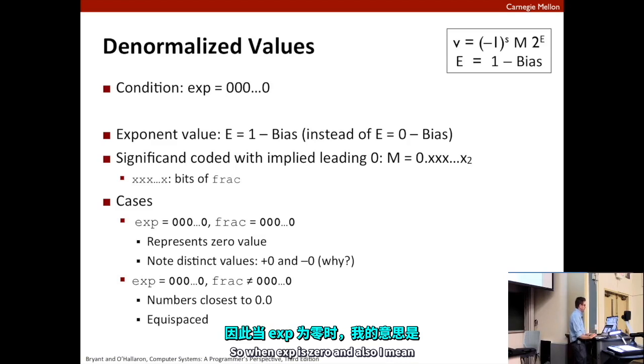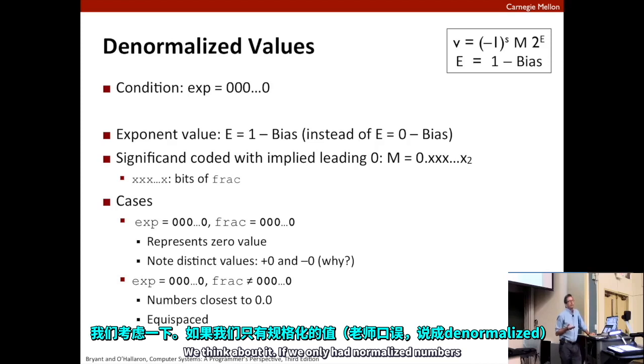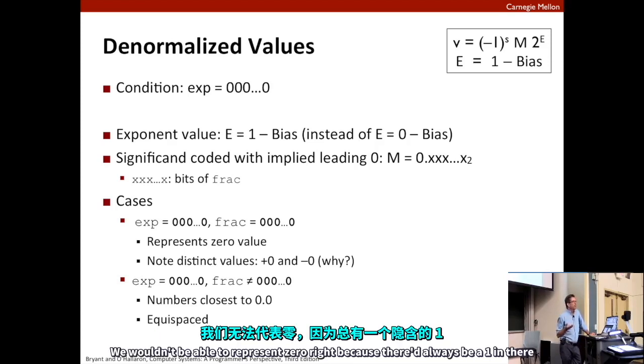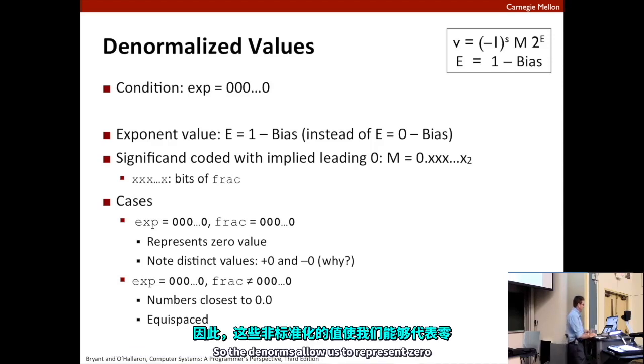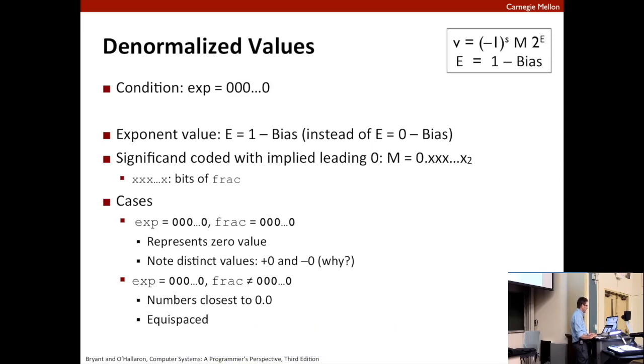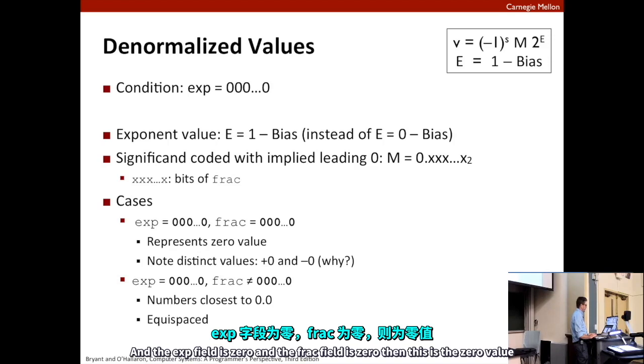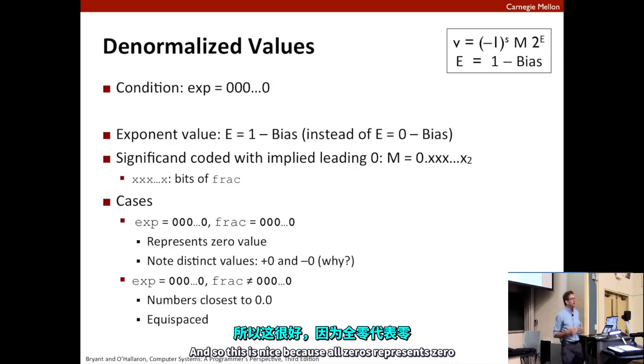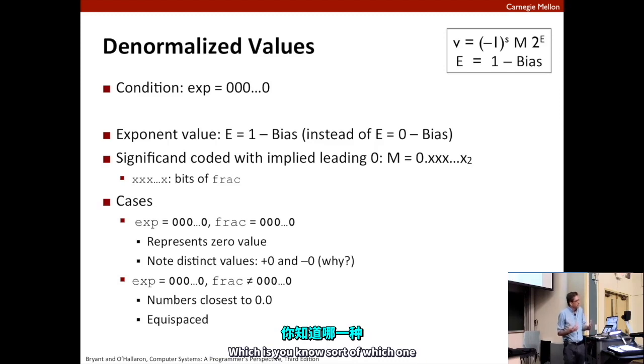And think about it: if we only had normalized numbers, we wouldn't be able to represent 0, right? Because there'd always be a 1 in there. So denorms allow us to represent 0, and they allow us to represent values that are very close to 0. When the exp field is 0 and the frac field is 0, this is the 0 value. This is nice because all zeros represents 0, which is what you want.